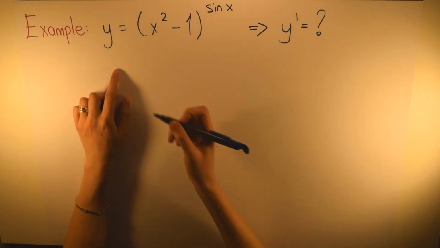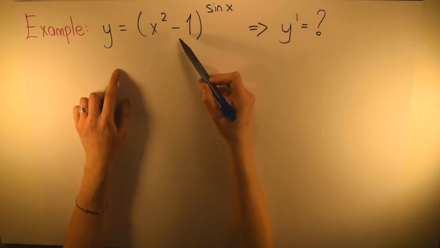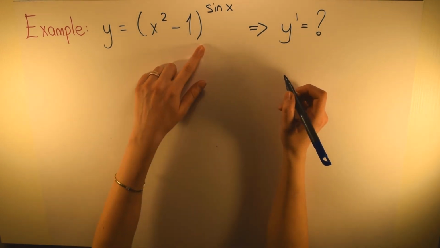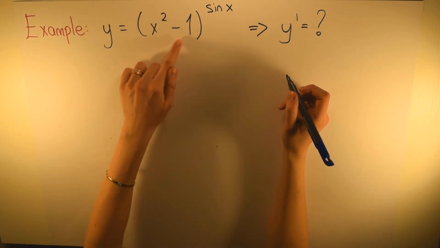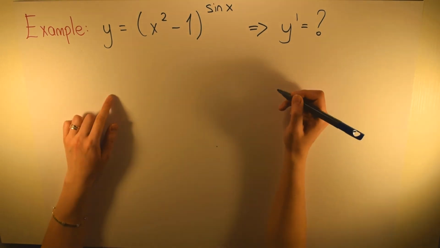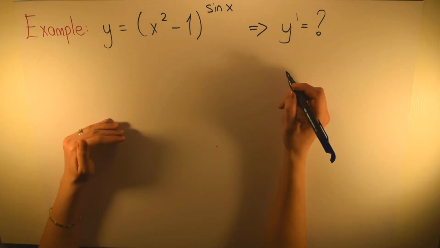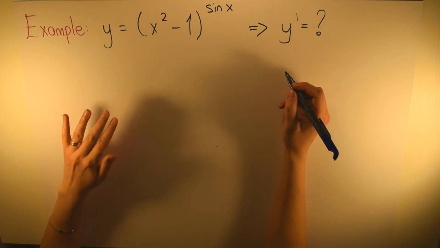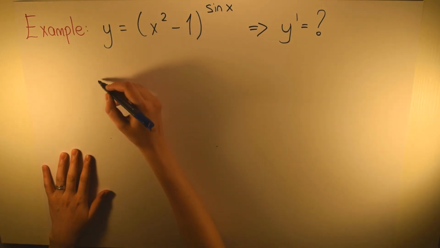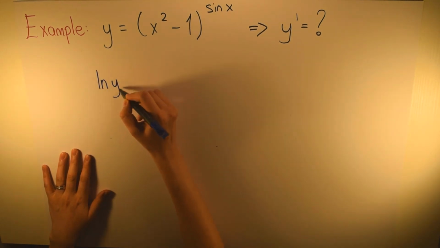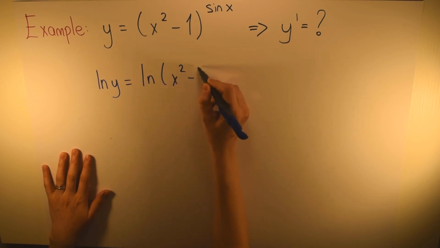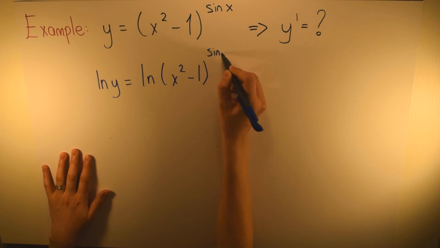For example, here we have y is equal to x squared minus 1 to the power of sine x. So what is the derivative of y? As you can see, here we have two different functions. One is a base, another one is an exponent. So we will apply the same rule. First we will take natural logarithm of both sides. So this will become natural log of y, which is equal to natural log of x squared minus 1 to the power of sine x.